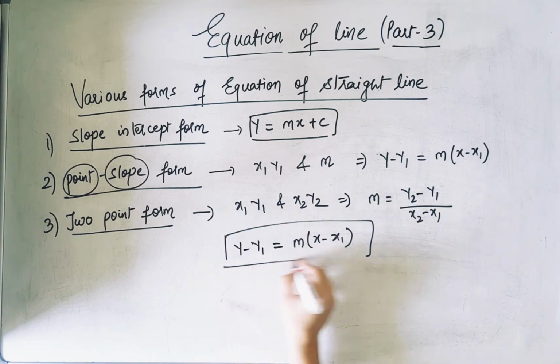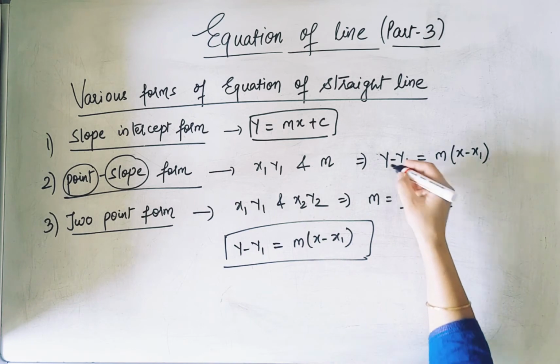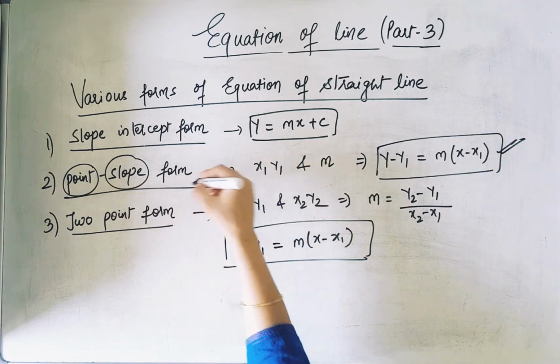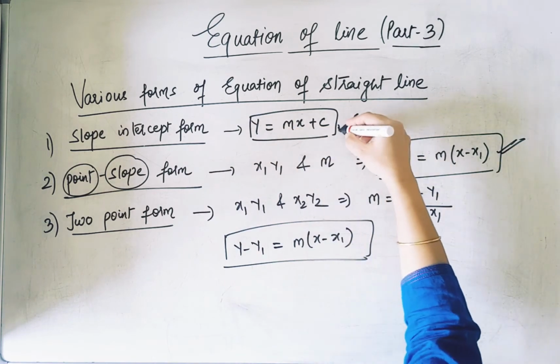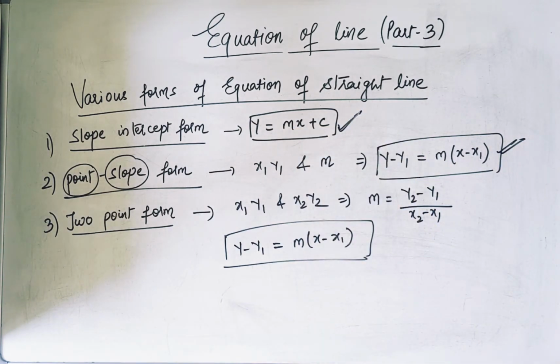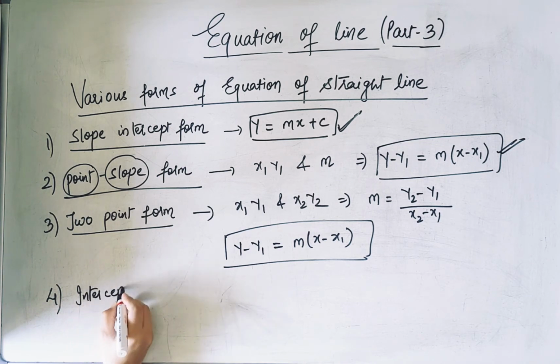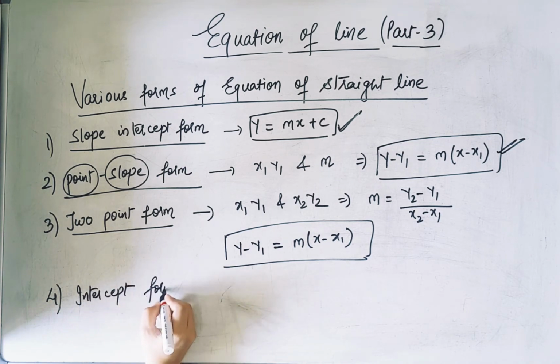So this is the equation of 2-point form, and this one is the equation of point and slope form, and this one is the equation when slope and intercept is given to us. Now the fourth form of equation is when only intercepts are given to us. Intercept form.